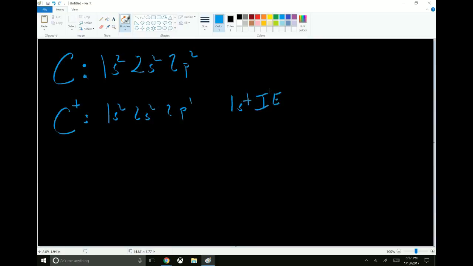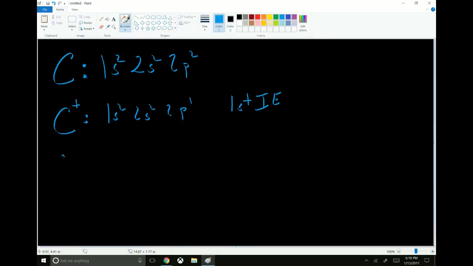Now, every additional electron is going to be harder to remove than the electron before it. Ionization energy keeps on increasing as you remove electrons, because there were 6, now there are 5. The remaining electrons are held even more tightly than they were before.